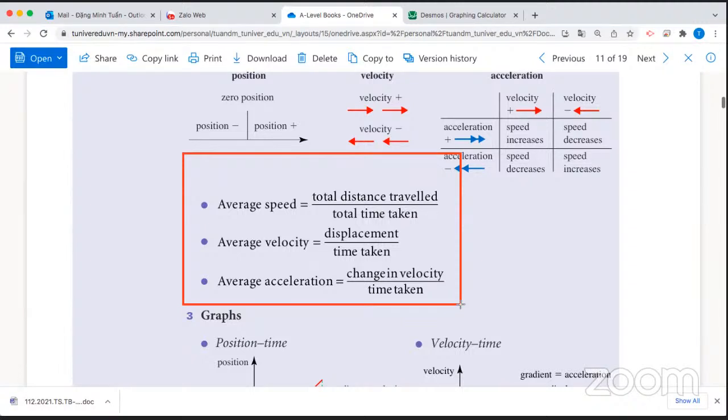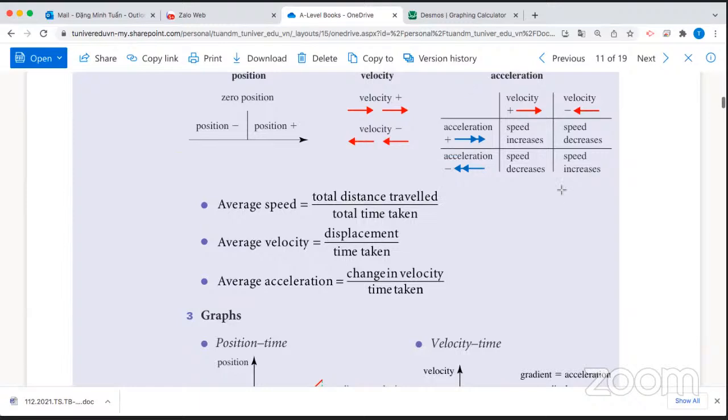Pay attention: I told you that the total time taken includes the rest time. Average velocity equals displacement over time taken, so here we care about displacement. And average acceleration is the change in velocity over time taken. That's okay? You got it?